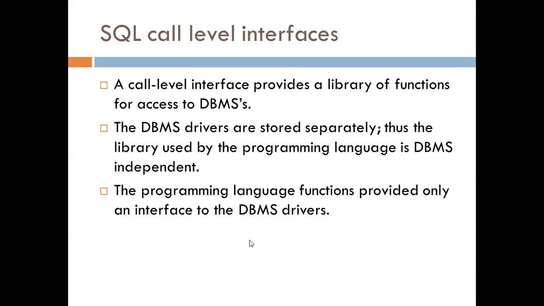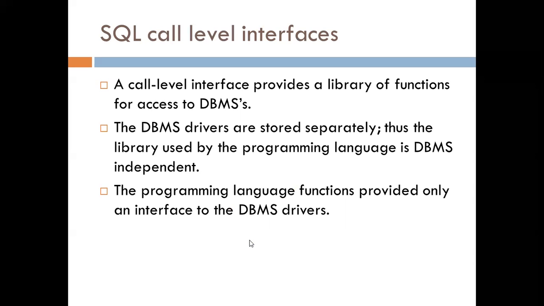So then we have call level interfaces. A call level interface provides a library of functions to access the database. So the DBMS drivers are stored separately. Thus, the library used by the programming language is DBMS independent. So the programming language functions provide only an interface to the DBMS driver.